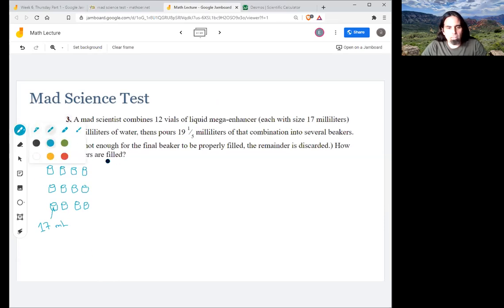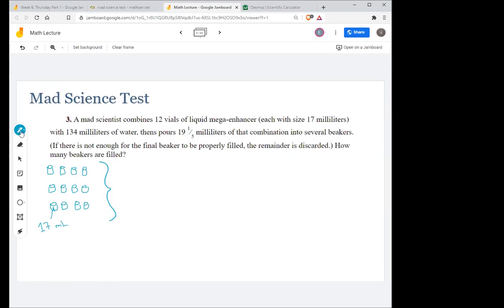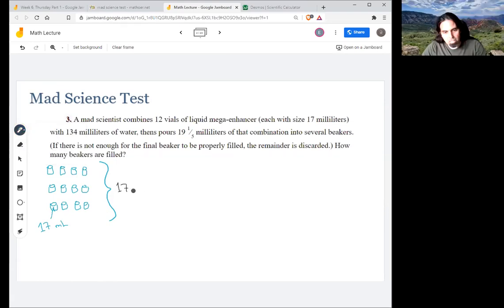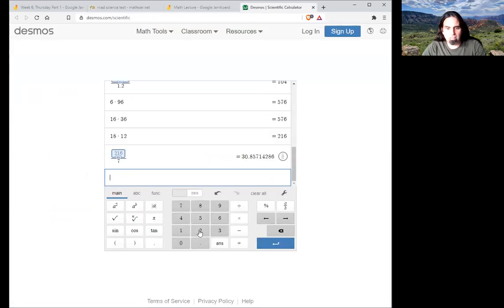So how much do I have all together here? Is it 17 times 12? Yeah. 17 milliliters in each one times 12 of them. 204.